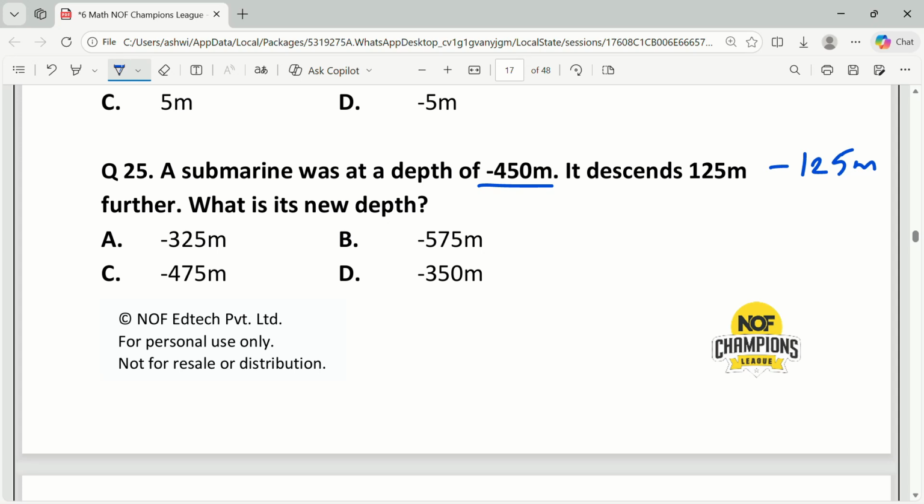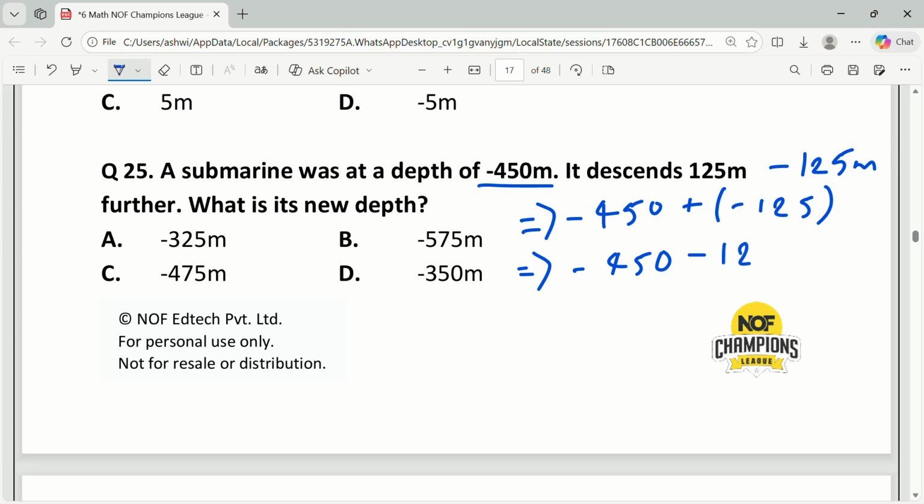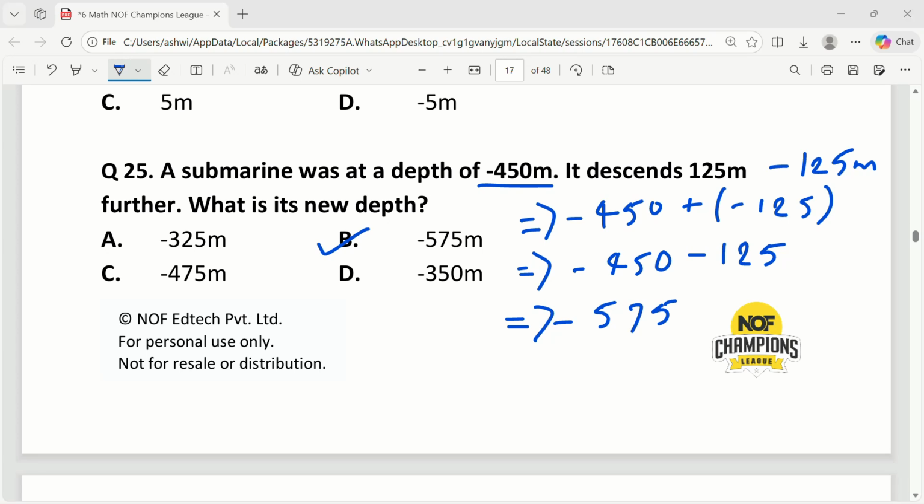The new depth is equal to initial depth plus additional descent. That is equal to minus 450 plus minus 125. That is minus 450 minus 125 is equal to minus 575. Comparing with the options, the answer is B, minus 575.